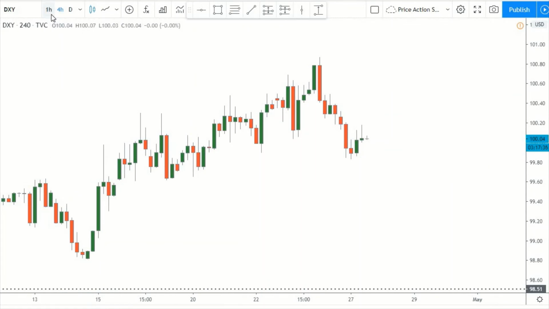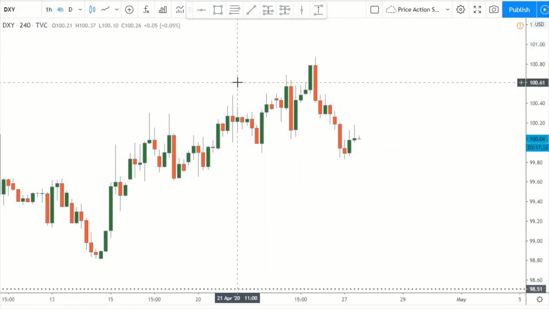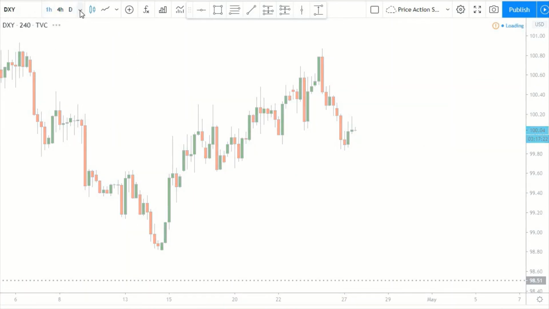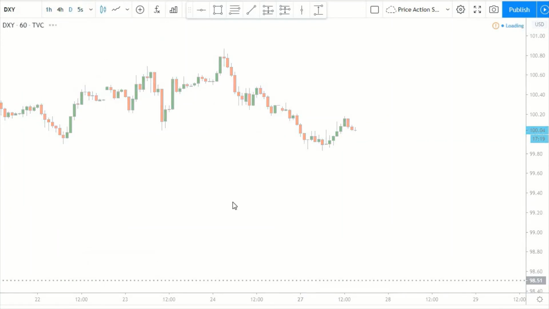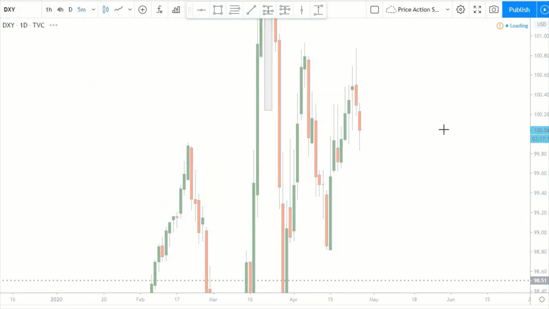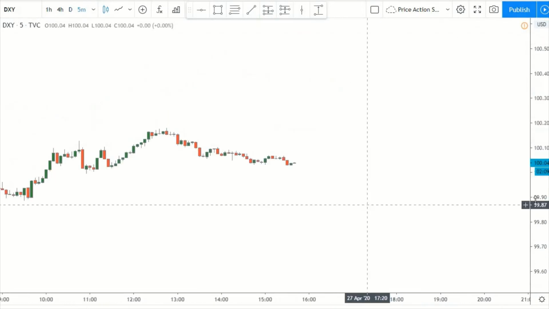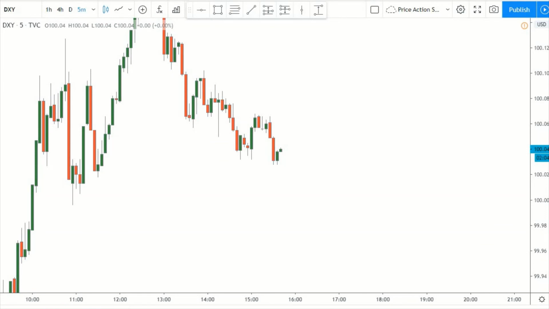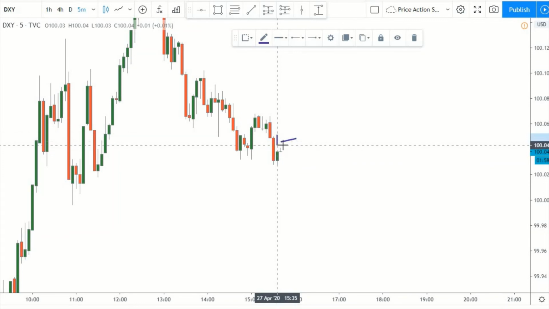Now let me give you a full-on demonstration. Let me go lower to the 5-minute chart, where each candle takes 5 minutes, so it takes a while. We can see that this candlestick is a red candle, a bearish candlestick.